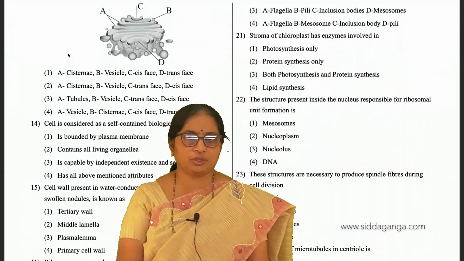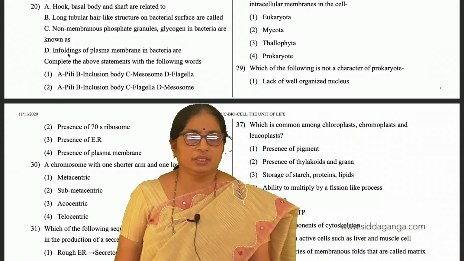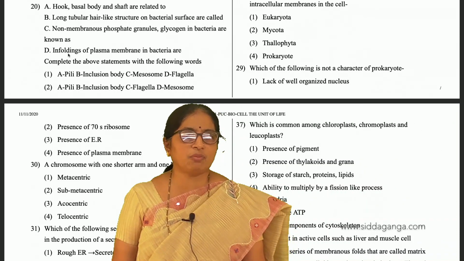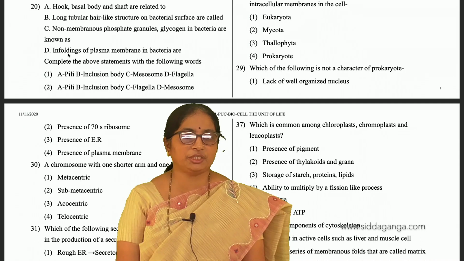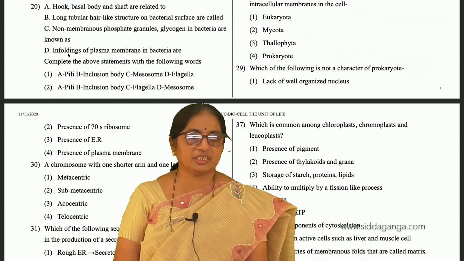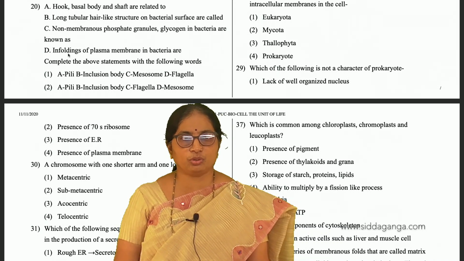I will go back to the question part. A and B, I don't think it will match. A hook, basal body and shaft are of course related to flagellum in both option 1 and 2, which we can see over there. They have given pili. We have to look into the third and fourth option.